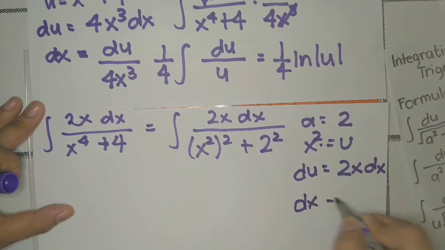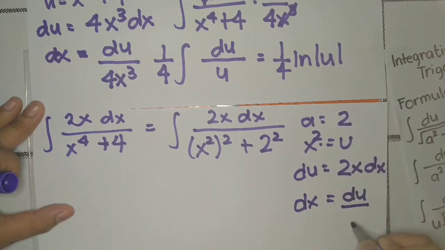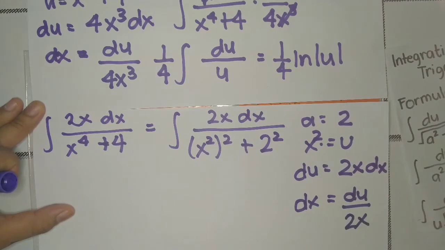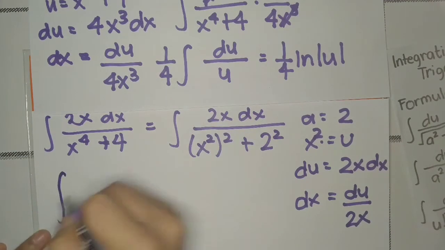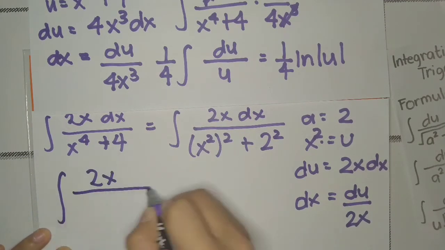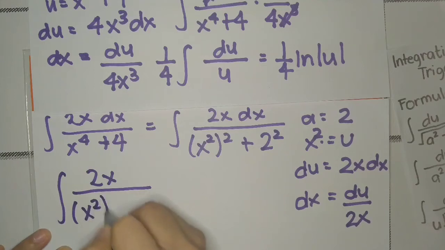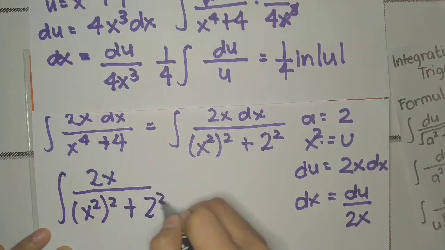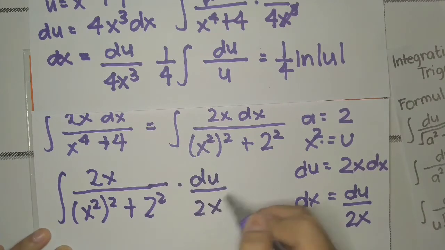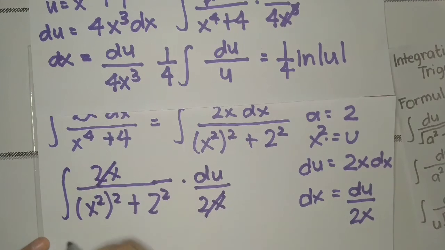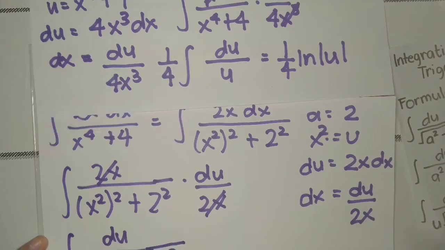So the value of dx is du all over 2x. We substitute it in our given: the integral of 2x all over x² squared plus 2 multiplied by du all over 2x. The two 2x cancel, and we have du all over u² plus 2.